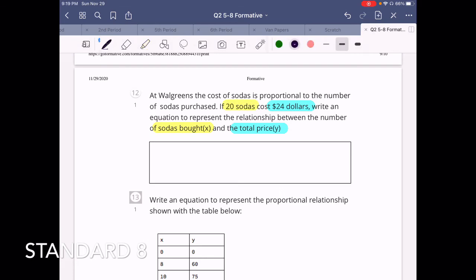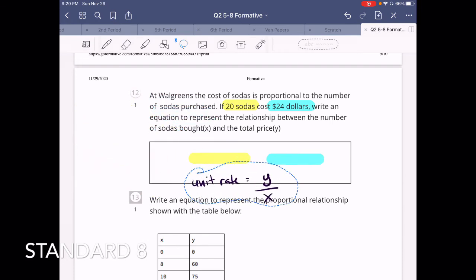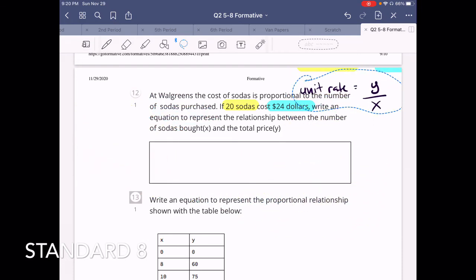And hopefully we all remember that the unit rate equals y divided by x. Okay, unit rate is y divided by x.